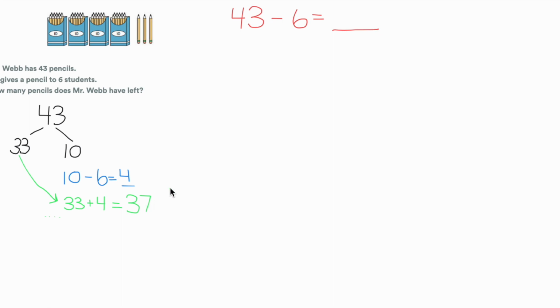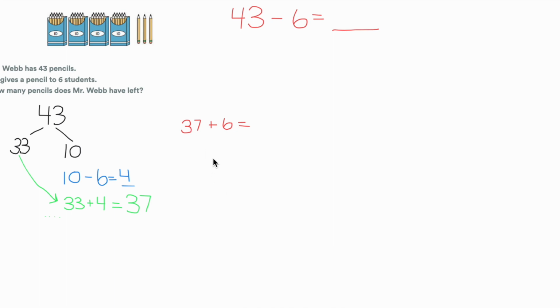So how to do that is I would add 6 back in. Let me see. So I have 37 plus 6. That's still a little hard to do in my head. How am I going to do this more easily?